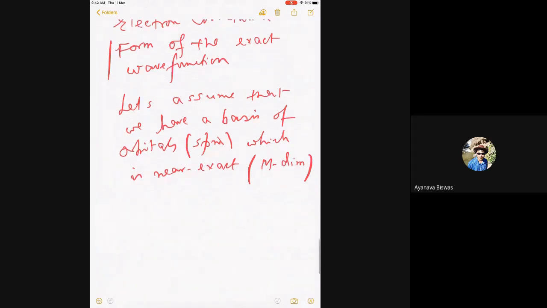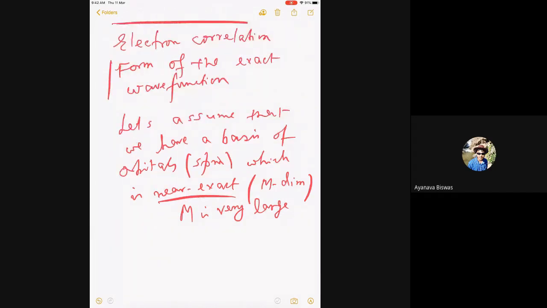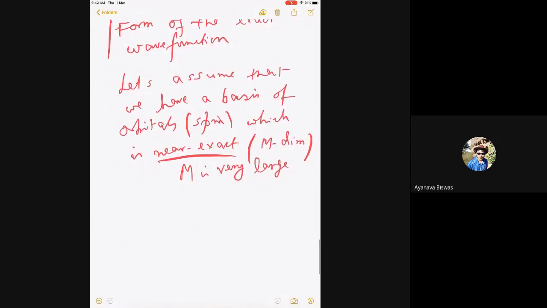So m is very large. Now we don't have to bother, because in a basis set, if you want to get exact, then it has to be infinity. We can't work with infinity, but it's a large enough basis. So this is not the point. But within this basis of one particle orbitals, what is the form of the exact wave function? So that is what I'm going to analyze.